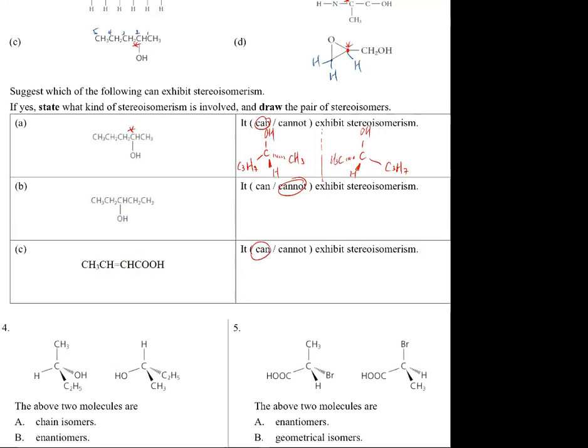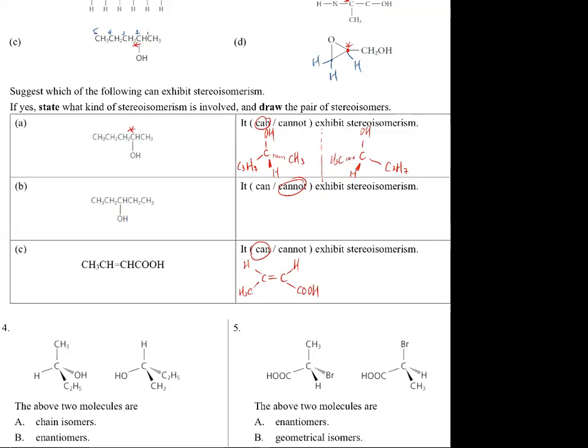And then if we want to draw the two geometrical isomers, again, we better draw the complete structure formula. So the first one can be this. Okay, so for this one, because the two identical hydrogens are on the same side, then we call it the cis, okay, cis isomer.